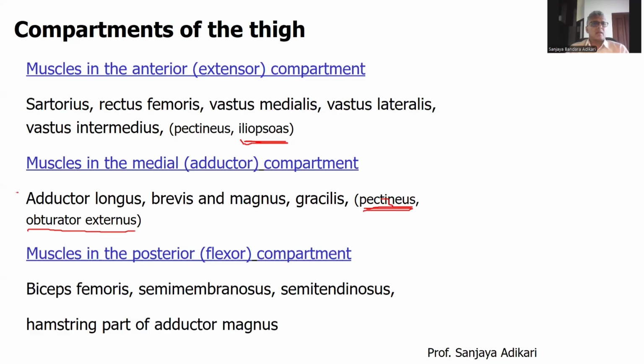But the main ones are the ones that I have written in large letters. Okay. Then the posterior compartment or the flexor compartment, as I mentioned before, other than the three separate hamstring muscles, you have the hamstring part of the adductor magnus as well. Okay.